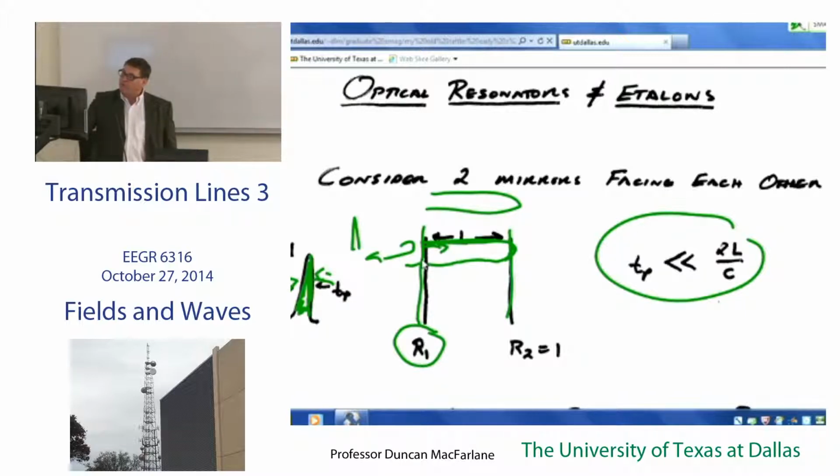So I'll have 2 pulses, but they'll be delayed by a time 2L over c. And by the way, this will also bounce again, and a third pulse will come out, and I'll have an infinite number of echoes.